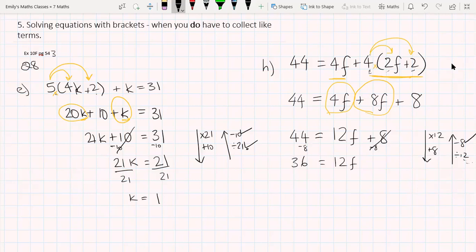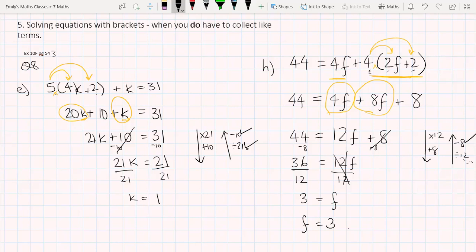The last thing to do now is divide by 12. Divide by 12, divide by 12. 36 divided by 12 is 3. 12 over 12 is a fraction over itself, so the same number over itself in a fraction disappears. 3 equals F, and we write F first. F equals 3. All done.